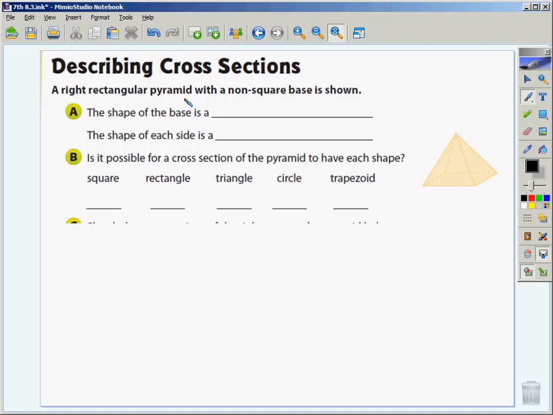A right rectangular pyramid with a non-square base. Okay? So they told me the base of this piece is not a what? It's not a square. It is a rectangle. That's what they've told me. The length and width are different sizes. The shape of the base is a rectangle. The shape of each side is a triangle.